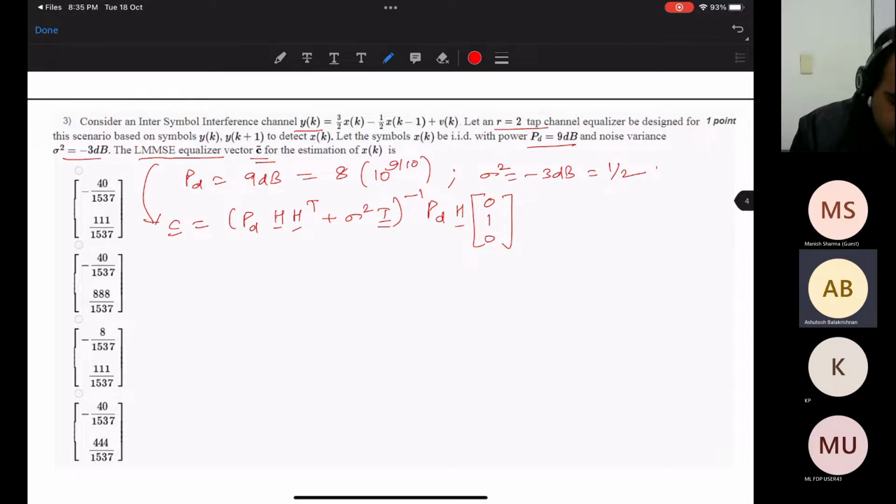So this is what we have, and we need to solve this. This is the equalizer vector.